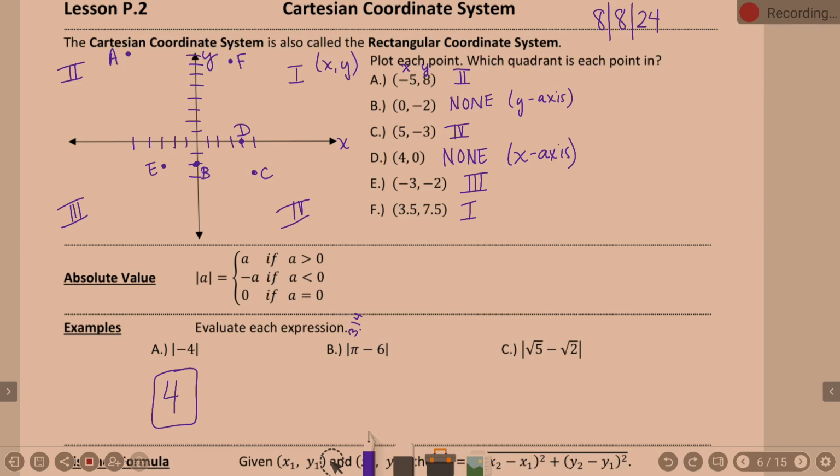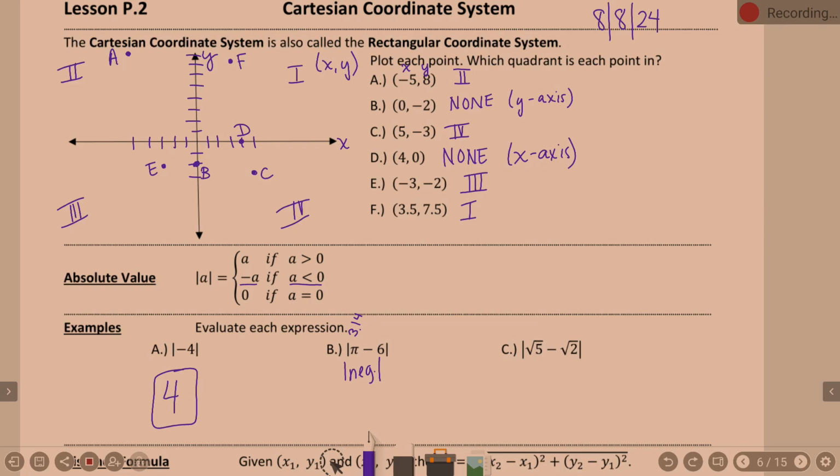Now, how do we do the absolute value of a negative value? Make it positive. Okay, you do the opposite of it. So right here, if A has a negative value, it says to do the opposite of it.